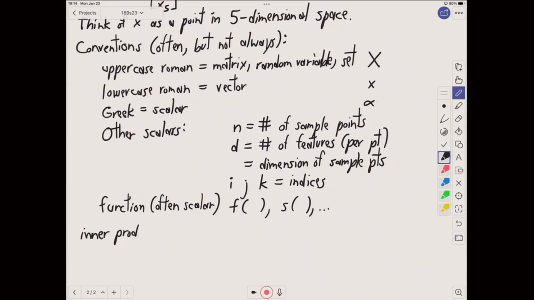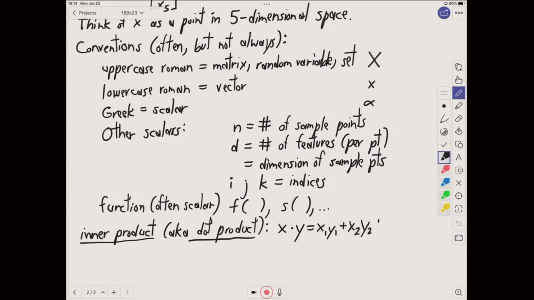You're probably all familiar with vector inner products, which are also known as dot products. But just to familiarize you with the notations we'll use, there are several different notations we might use. One is a dot: x dot y is the vector inner product.